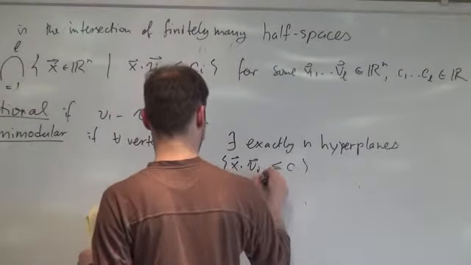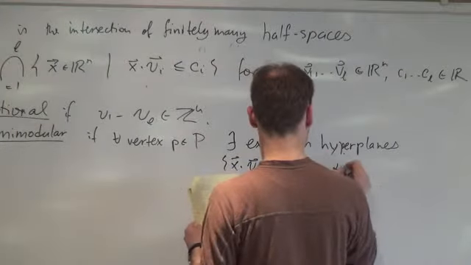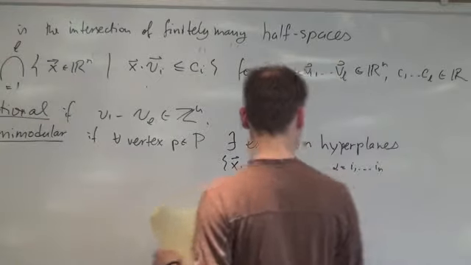Well, maybe I'll put a different index here. Alpha equals i1 through in.